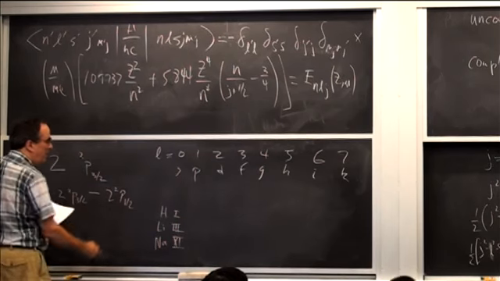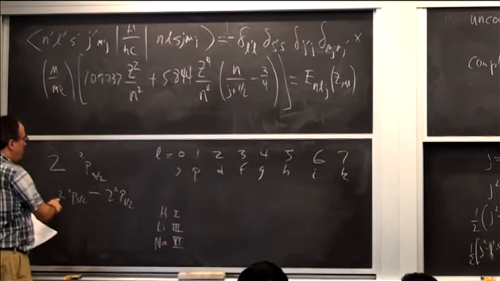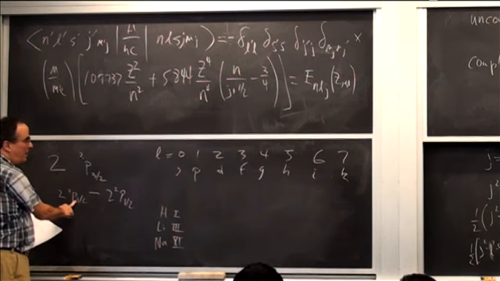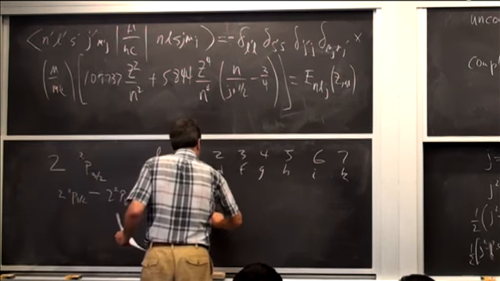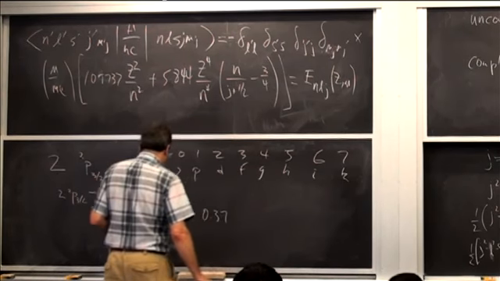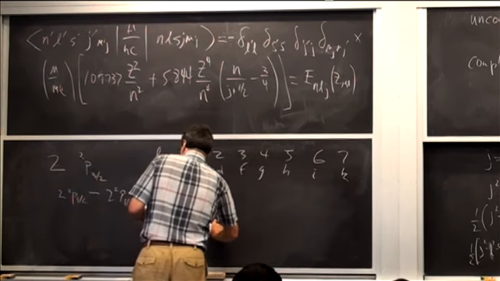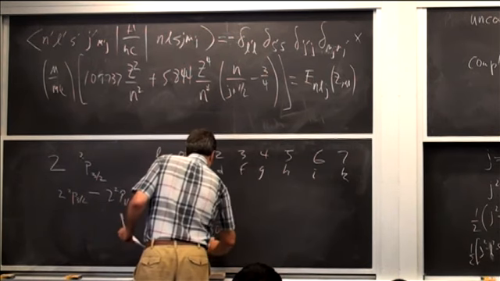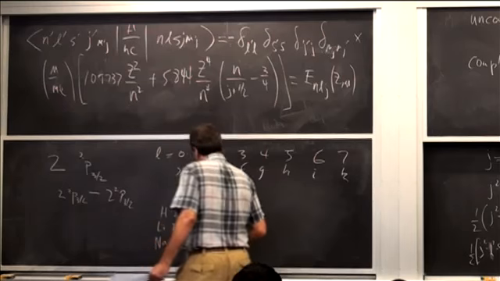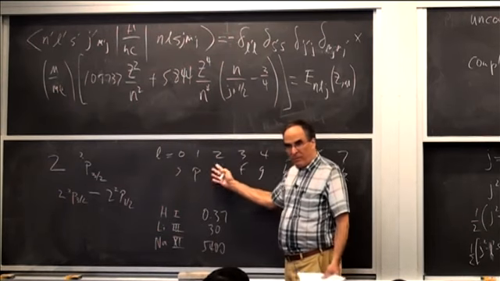Now, this spin orbit splitting for the 2P state in hydrogen is 0.37 wave numbers. For lithium, it's 30 wave numbers, and for sodium, it's 5400. And it's just reflecting the Z to the 4th scale.